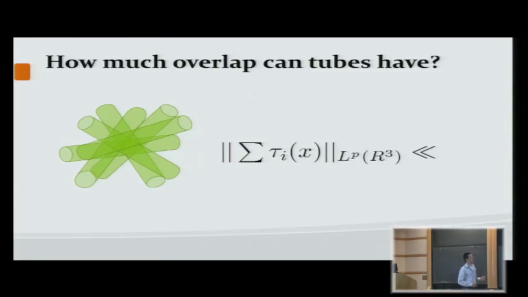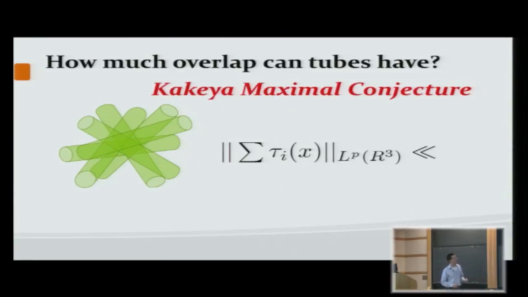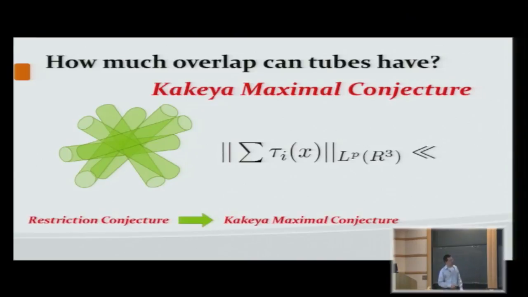This leads to something called the Kakeya problem that I don't want to say very much about. The Kakeya conjecture just says that if I have a bunch of tubes and I take, say, the L3 norm, this quantity can't be much larger than if I just had the tubes be distinct from each other. And so I can embed this problem inside this restriction conjecture.